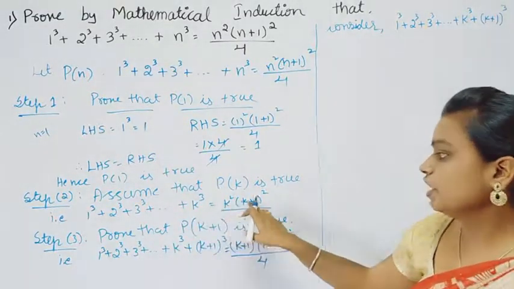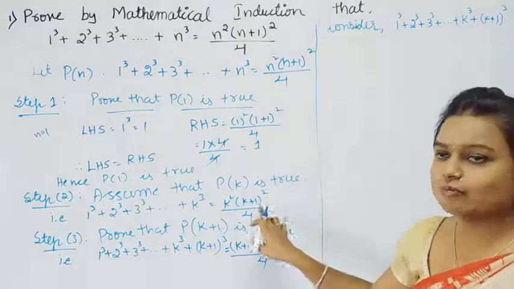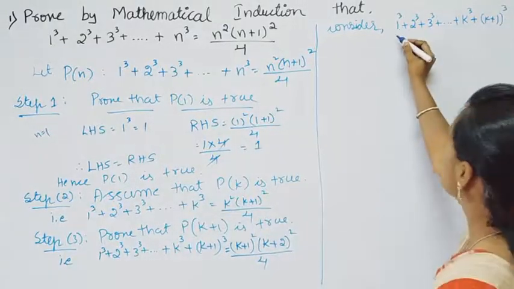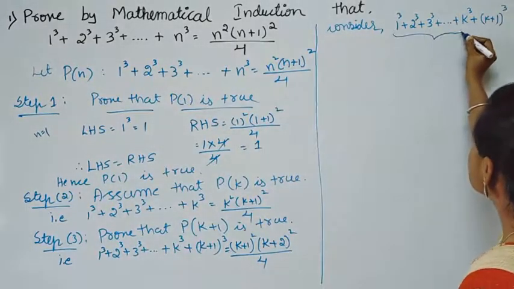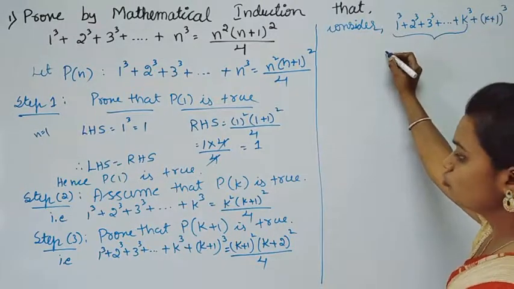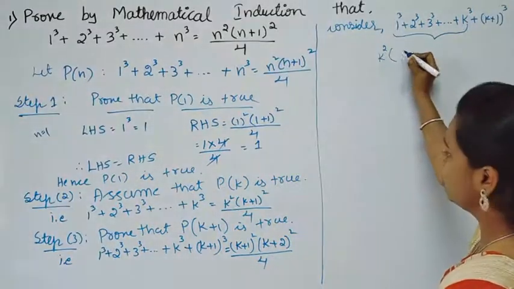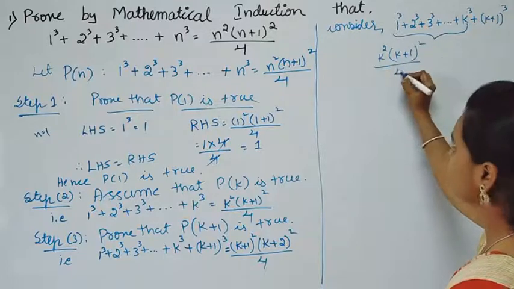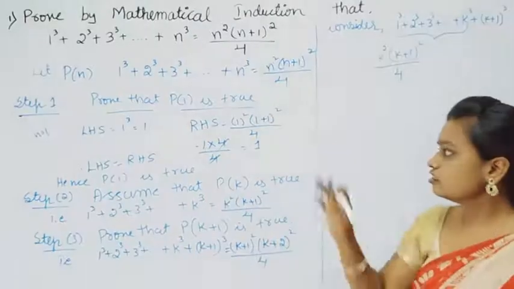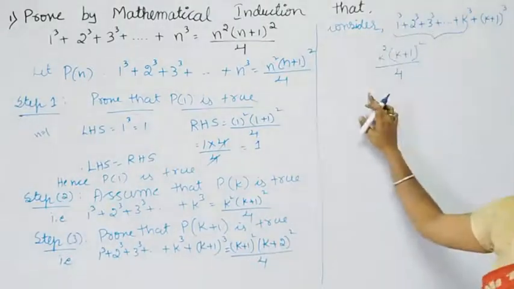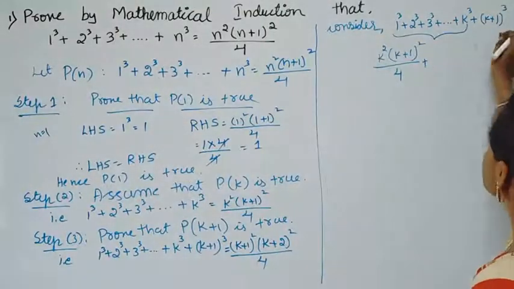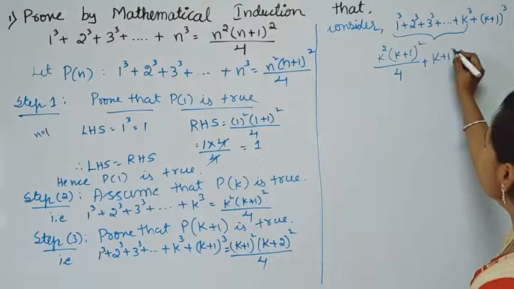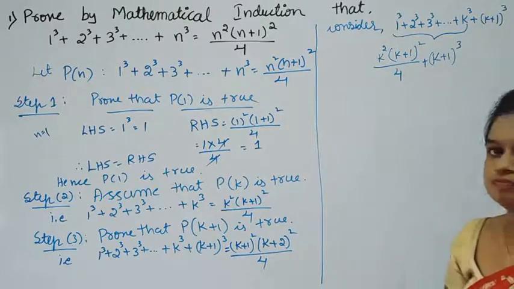k square into (k plus 1) the whole square divided by 4. So from 1 cube, 2 cube up to k cube, we have got k square into (k plus 1) the whole square, whole divided by 4. This is from step 2. Plus the remaining term is (k plus 1) the whole cube.